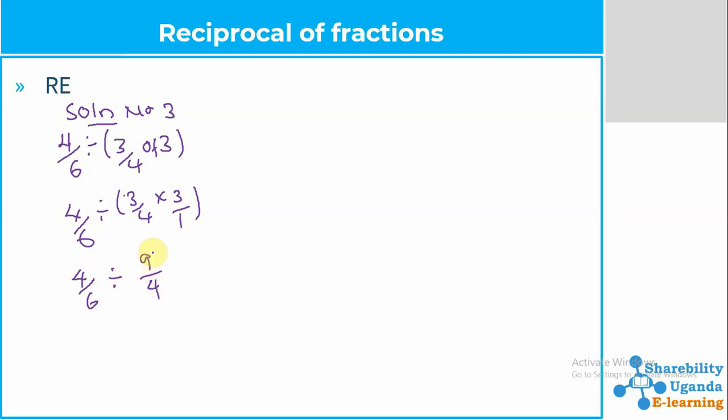4. Okay, so now this is going to be equal to 4 out of 6 times 4 out of 9. This is the reciprocal. Then our answer here is going to be 16 out of, what is 6 times 9?